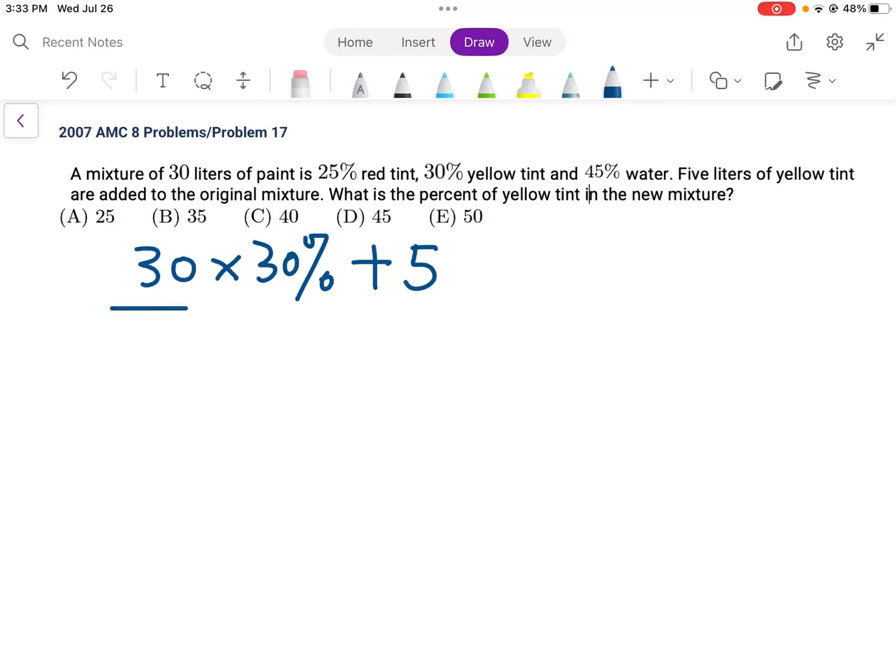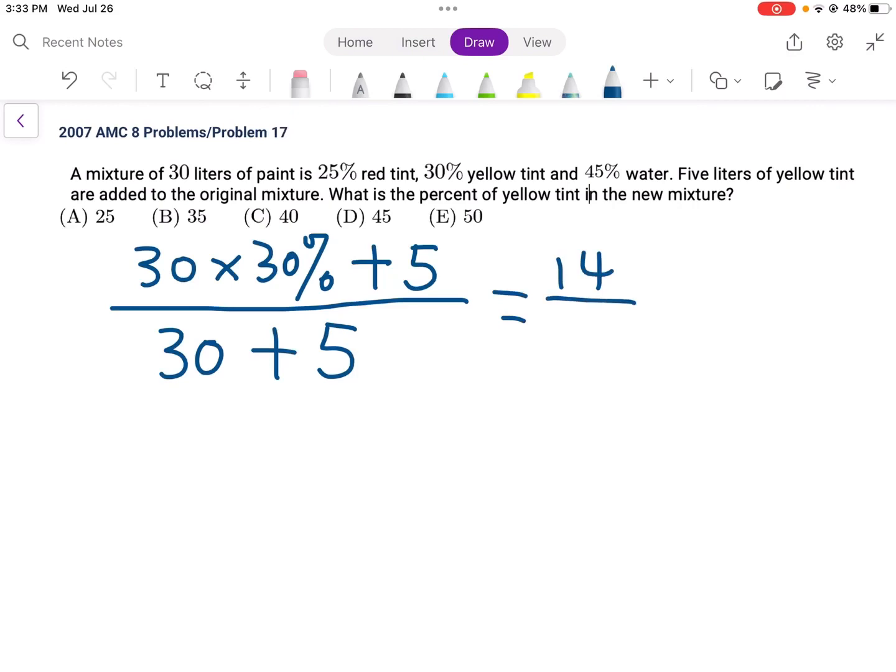So it divides by the 30 liters of the previous paint plus the 5 liters of the new yellow tint paint. So that gives us 14 divided by 35, and that is 40%. Therefore, the answer is C.